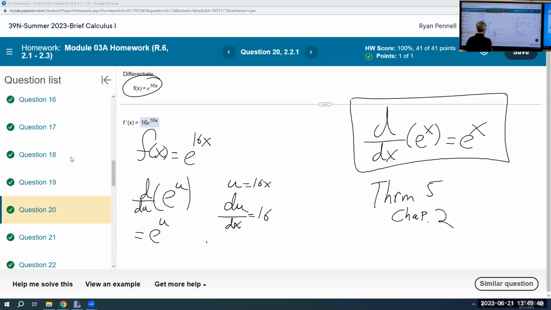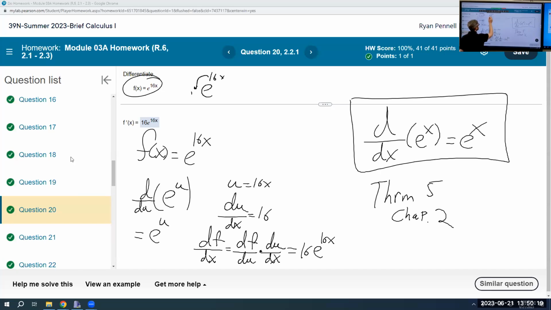So df dx equals df du times du dx, all to say that you just bring down the number. That's really it. You're bringing down the 16. That's all you're doing.